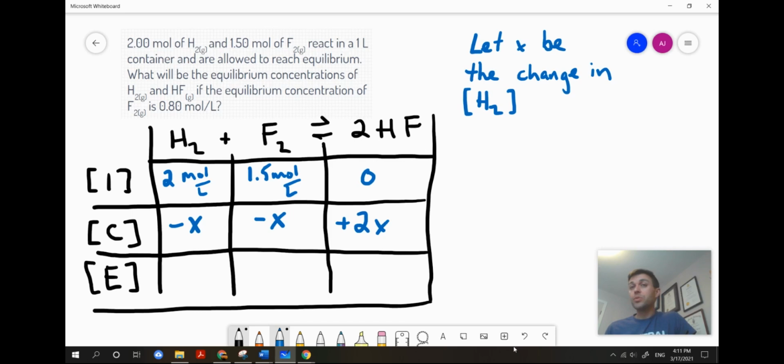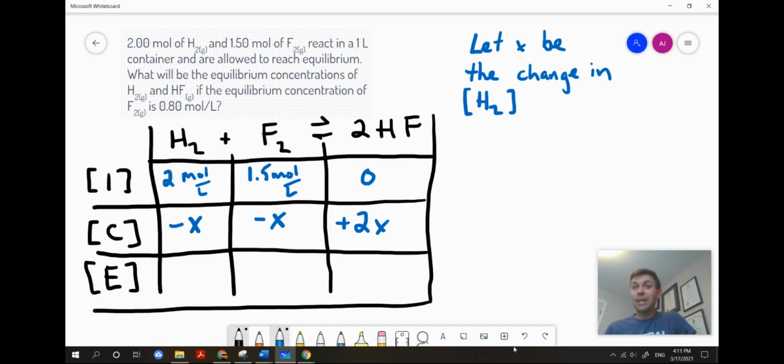In many problems, we will know the direction of the change. Here, since we didn't start off with anything on the right-hand side, there's only one direction. The right-hand side is going to increase in concentration, and the left-hand side is going to decrease in concentration. The signs on the change have to be the same for everything on one side of the equation.